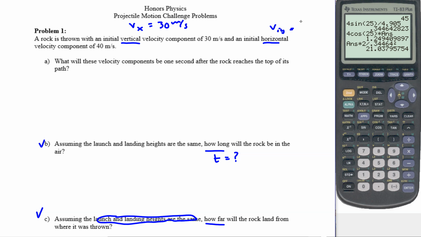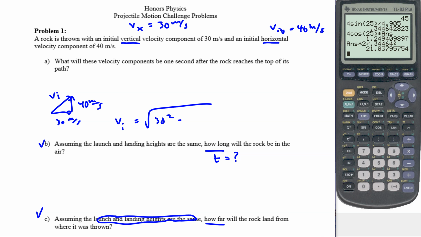I don't have to use sine or cosine. They actually gave me the components. In fact, if you wanted VI, you could do 30 squared plus 40 squared. The hypotenuse would come to 50. I could calculate VI if I wanted. I don't want to because I don't have to. So let's take that away.